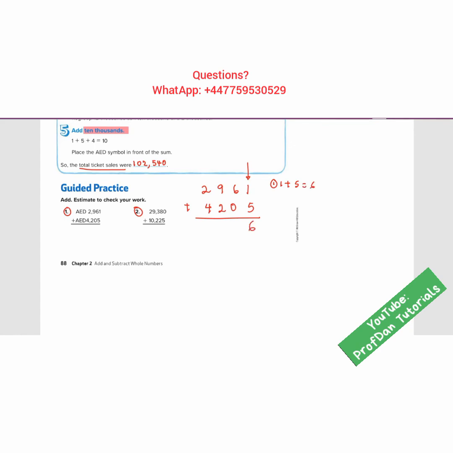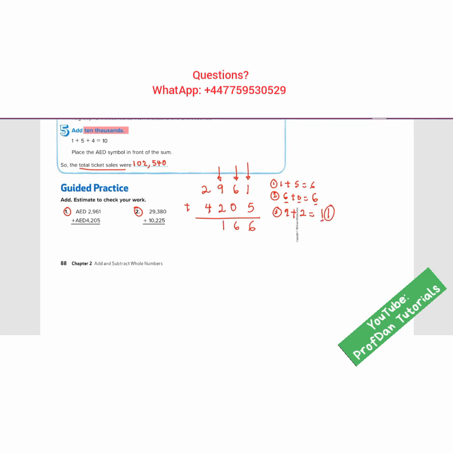Correct. Go to the next place value, number 2, which is 6 plus 0. That gives you 6. Don't forget, you add 0 to any number, you still get the number 6. Go to the next one, number 3. 9 plus 2. That is 11. Write the last number, 1.